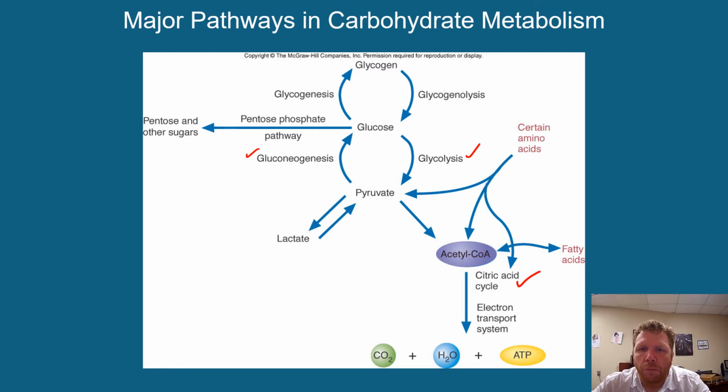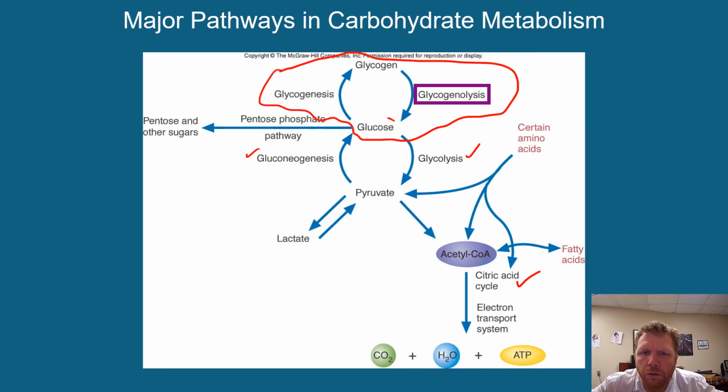Now what we need to move on to is glycogenesis and glycogenolysis. So this really captures what's taking place. We're taking glucose and building up glycogen, or we're using glycogenolysis to break glycogen down into individual glucose molecules.